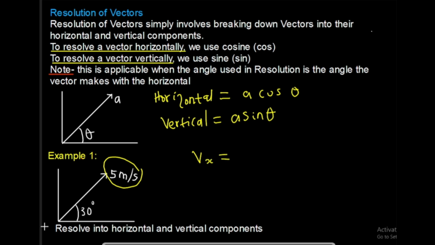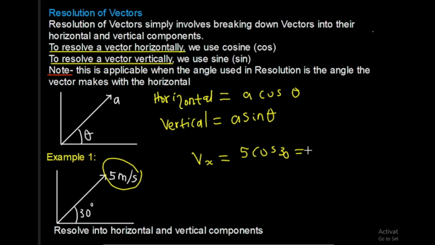To resolve it horizontally, we say the magnitude of the vector times cos theta, where theta is the angle the vector makes with the horizontal. For horizontal resolution, we use cos. So v of x equals 5 cos 30, which is 4.33 meters per second.